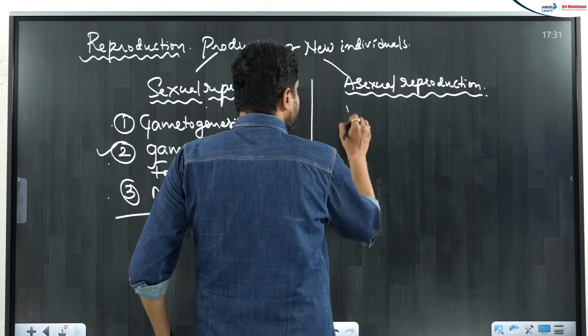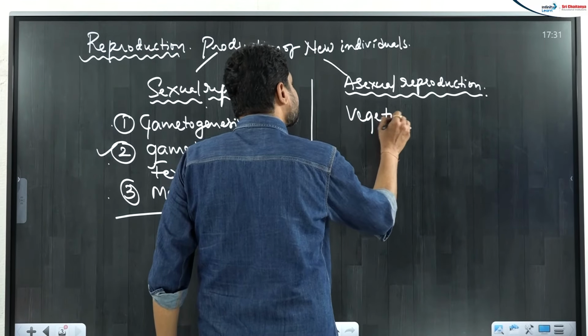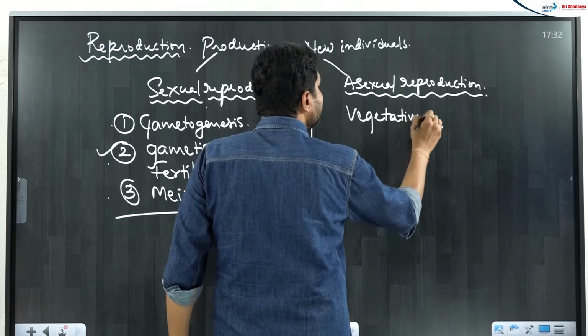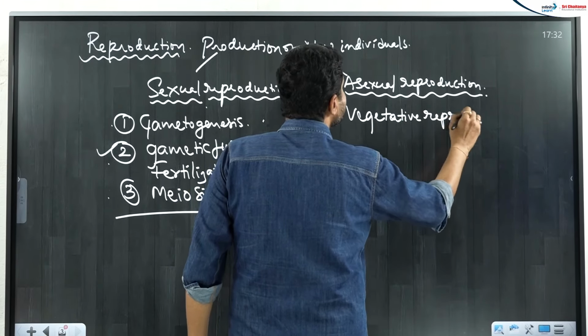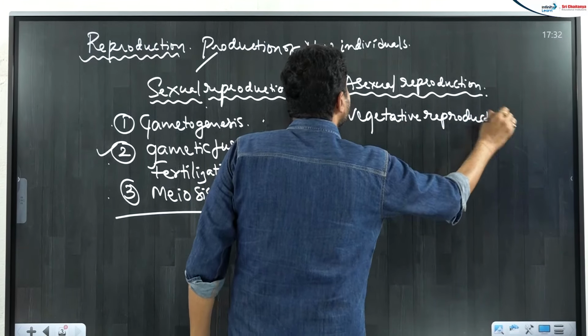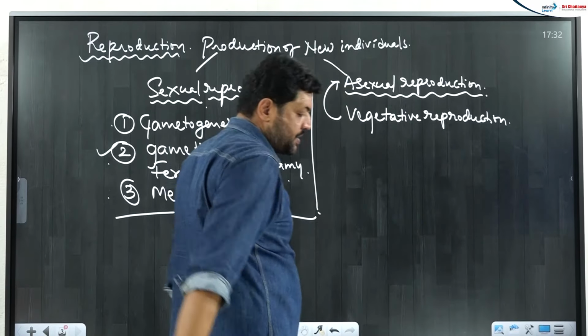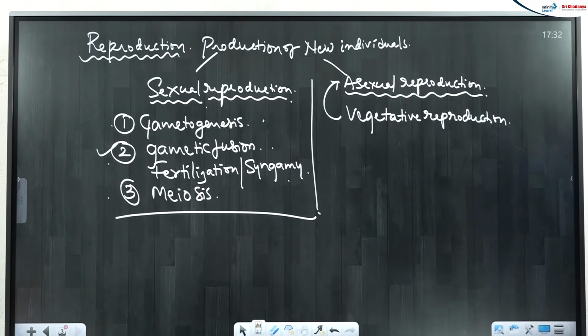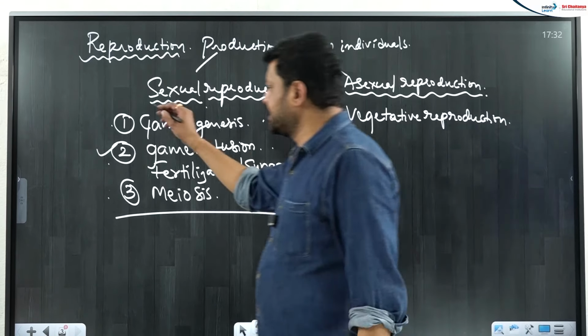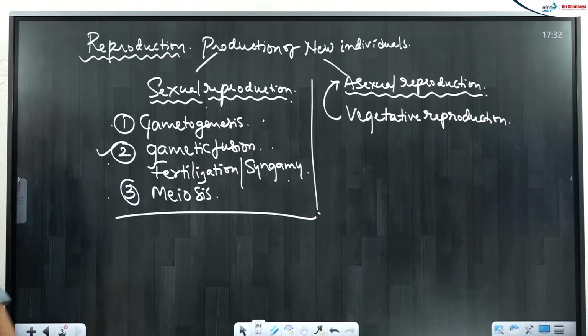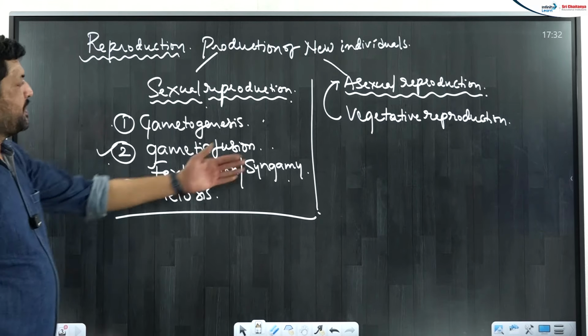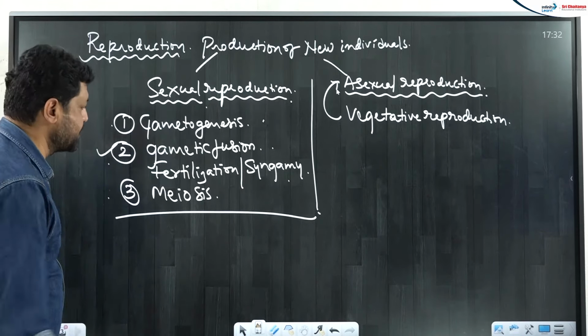So vegetative reproduction is a kind of asexual reproduction, because vegetative reproduction does not follow any of the three steps. Hence vegetative reproduction is called as asexual reproduction.